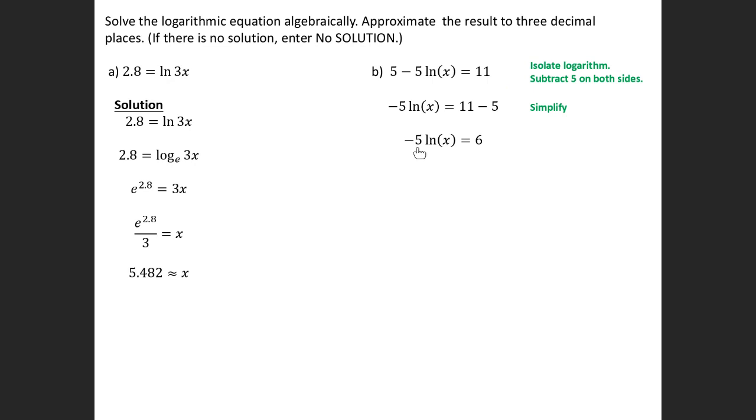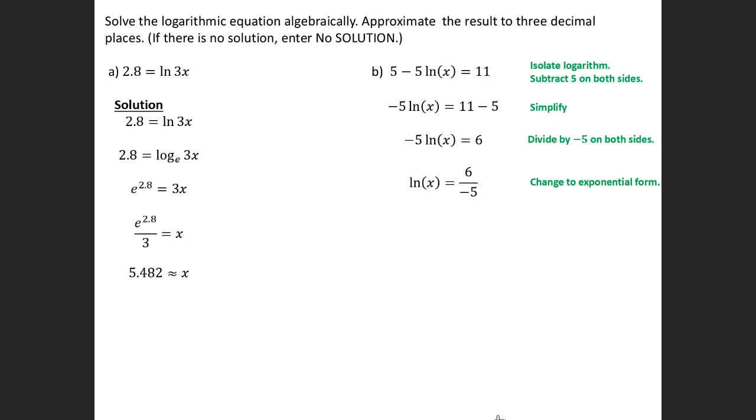And I still have this -5 that I need to get rid of, so I can divide by -5 on both sides. I'm left with natural log of x is equal to -6 divided by 5. Now to work with this, we can change it to exponential form.